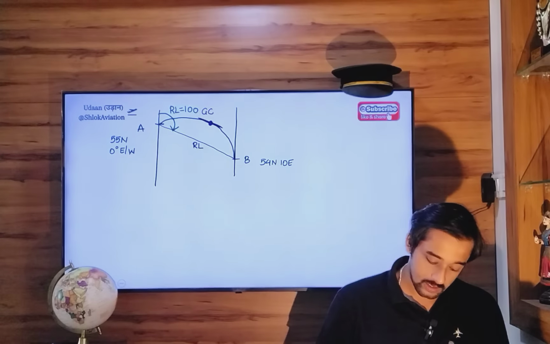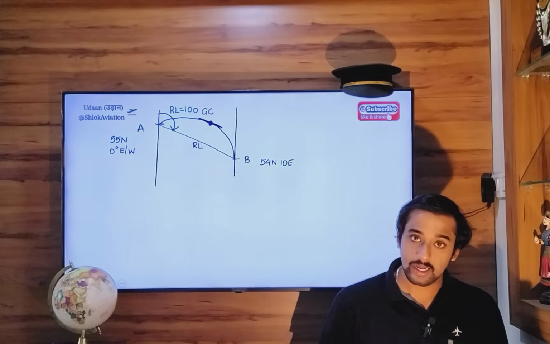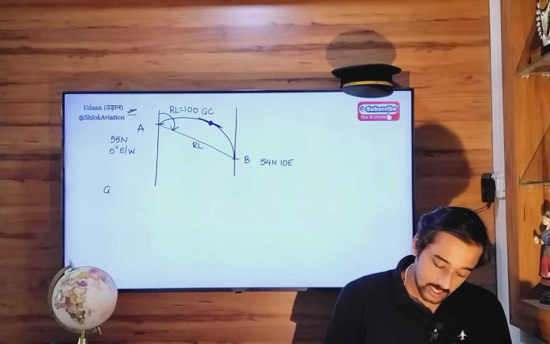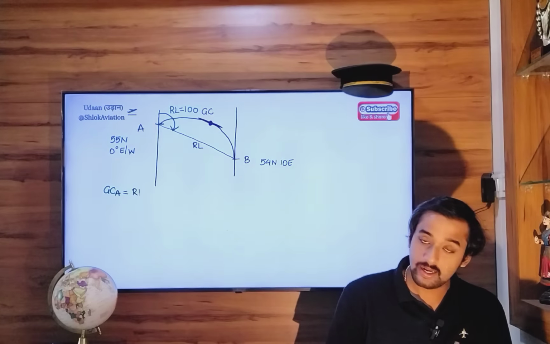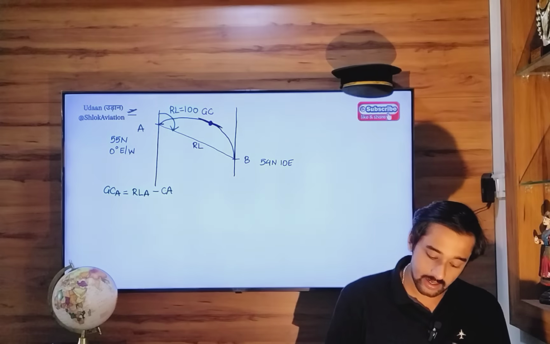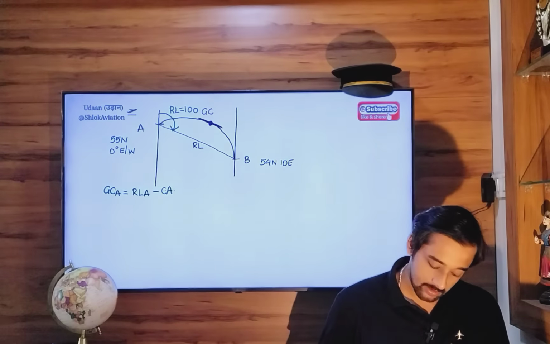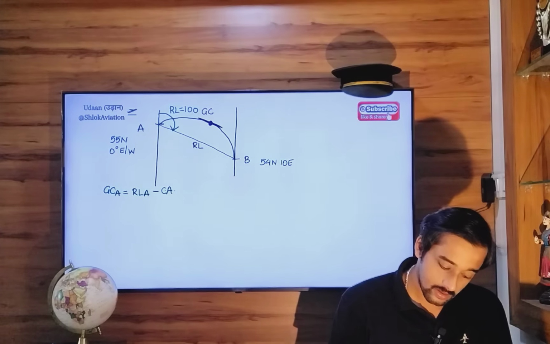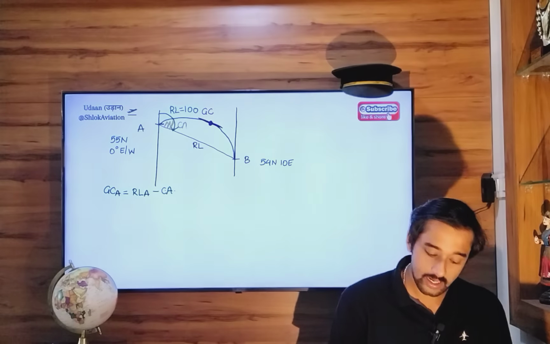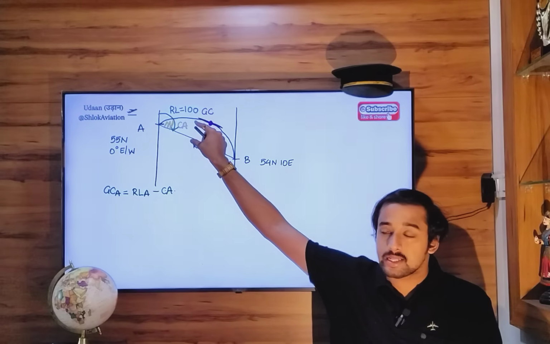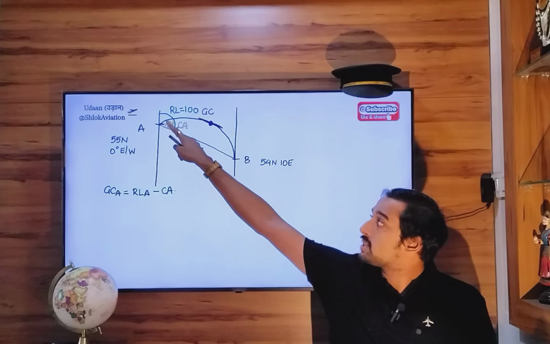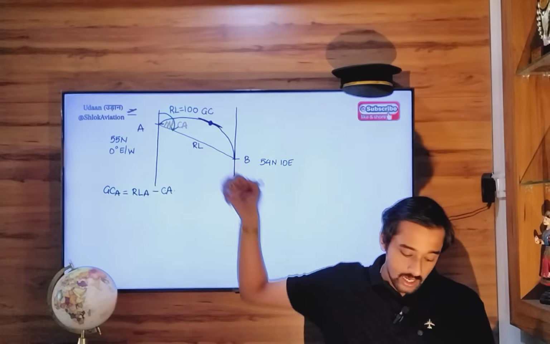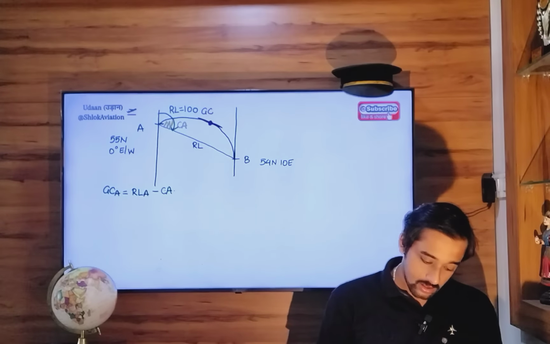Okay, so that's it. If they ask you to find the great circle track at A, the great circle track at A will be rhumb line track at A minus convergency angle. Convergency angle is nothing but this small angle between rhumb line and great circle. So great circle at A will be this whole big angle minus convergency angle. Convergency is d long into sine lat.